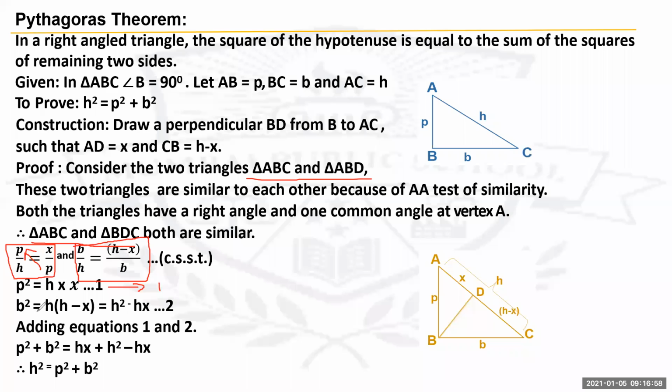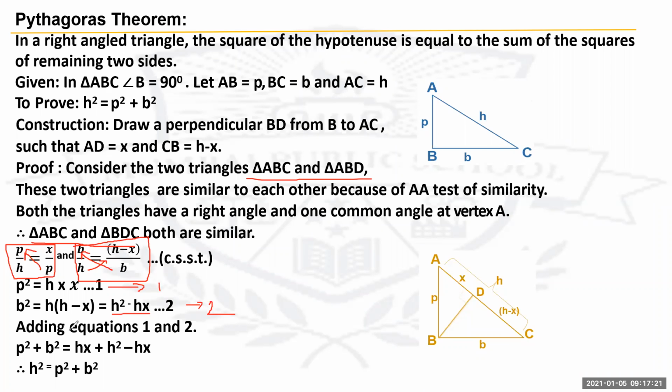And next, you'll get B square equals H into H minus X, that is H square minus HX. This is your equation number 2.